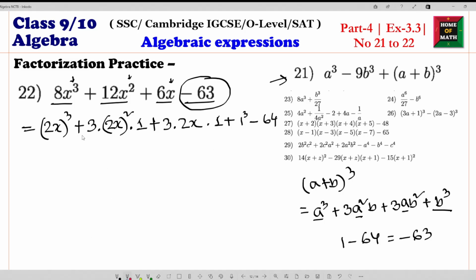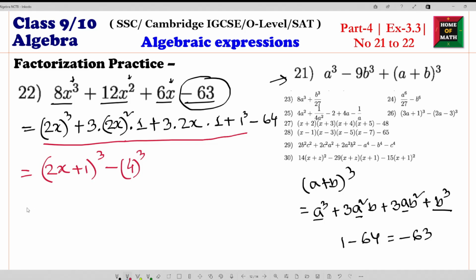Okay, now this total expression we can write (2x plus 1) whole cube minus, this is 64, this 64 we can write 4 cube, right? 4 cube means what? 4 times 4 times 4, 4 times 4 is 16, 16 times 4 is 64.